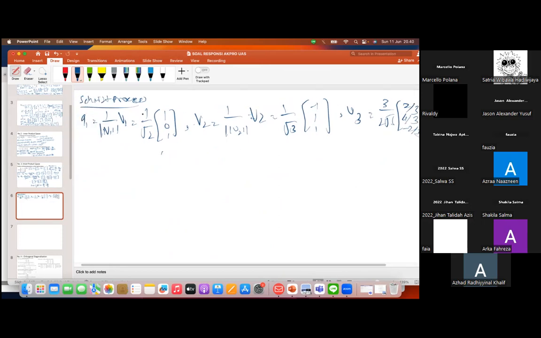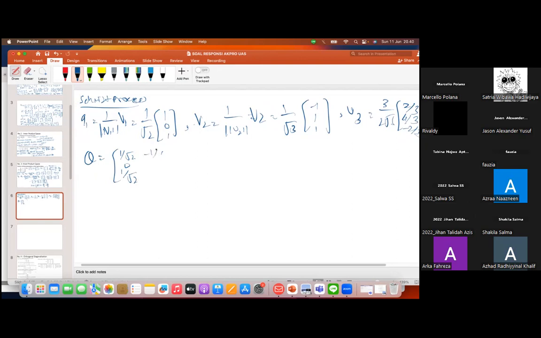And from this, we can get the matrix Q, which is this one. Q1 is 1 over root 2, 0, 1 over root 2. Q2 is negative 1 over root 3, 1 over root 3, and 1 over root 3.